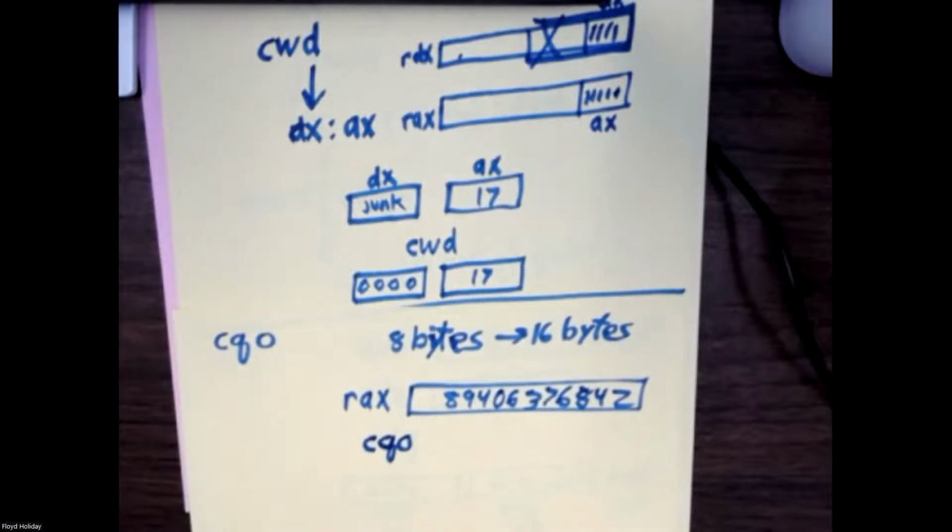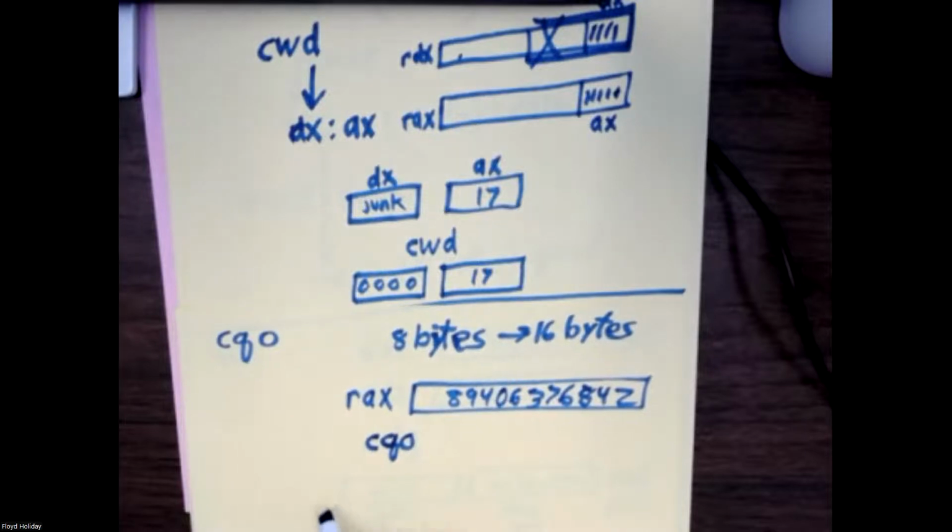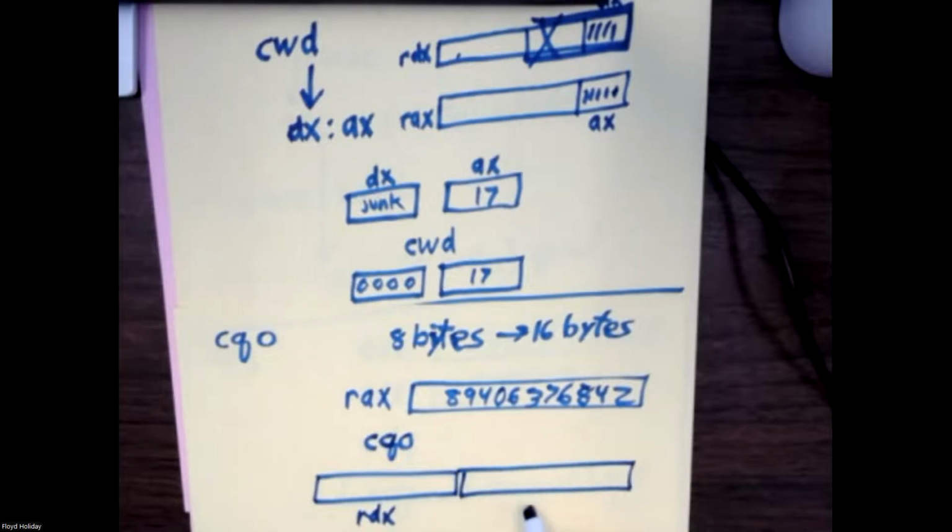Then it takes that numeric value and makes it take the form of 16 bytes spread over 2 registers, RDX and RAX. Okay.